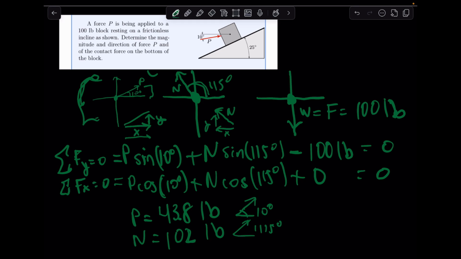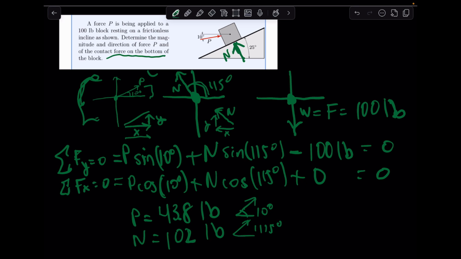And then the contact force on the bottom of the block, which is right here, N. So we found both magnitude and direction of N. So basically these are the forces acting on the block in the state of equilibrium, which is what we were talking about in this video, which is static equilibrium.